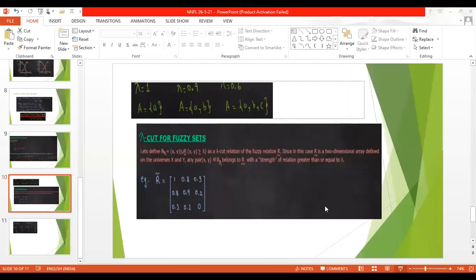So in this, you are mentioned with R cap is given like this. The fuzzy relation is given.